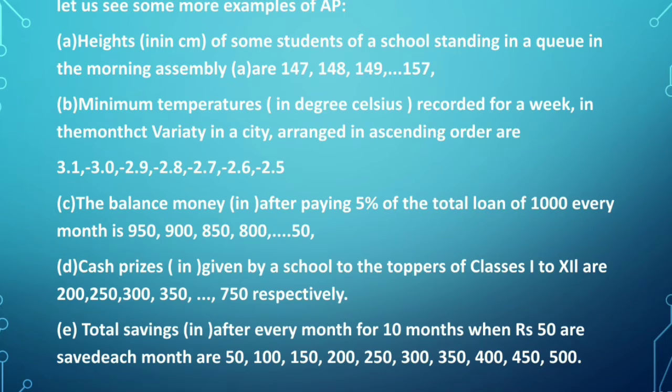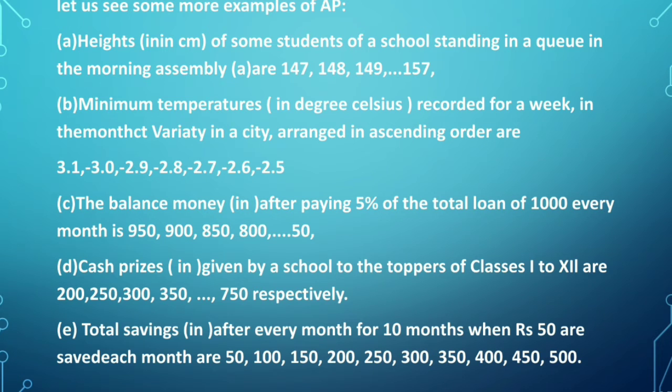Now let us see some more examples of AP. First, the heights of some students of a school standing in a queue in the morning assembly are 147, 148, 149, up to 157 centimetres. Second, the minimum temperatures in degrees Celsius recorded for a week in the month of January in a city, arranged in ascending order, are -3.1, -3.0, -2.9, -2.8, -2.7, -2.6, -2.5.